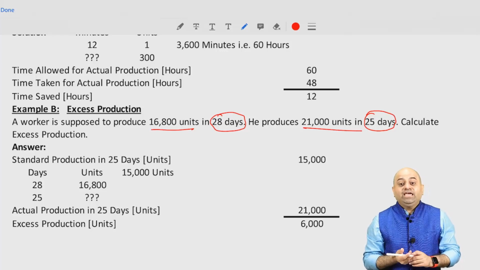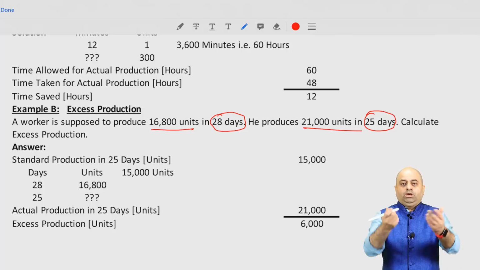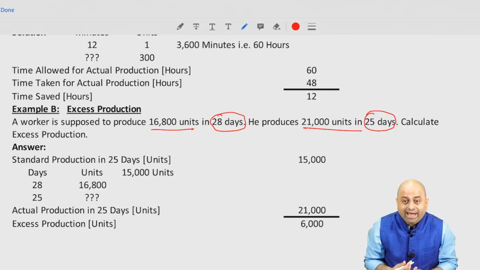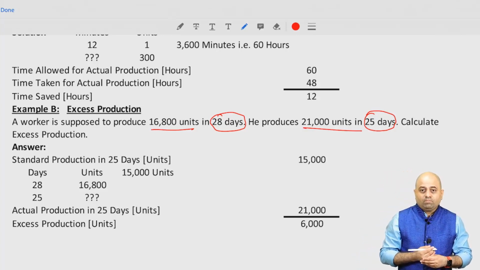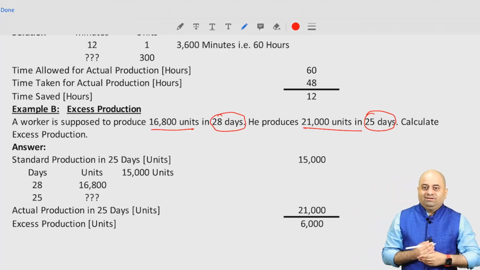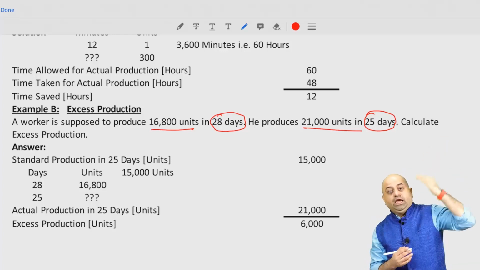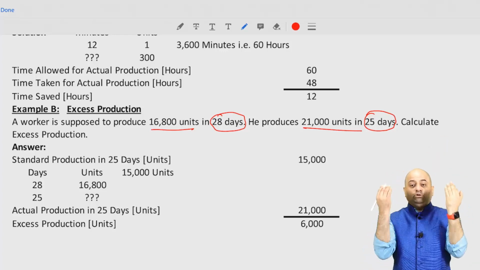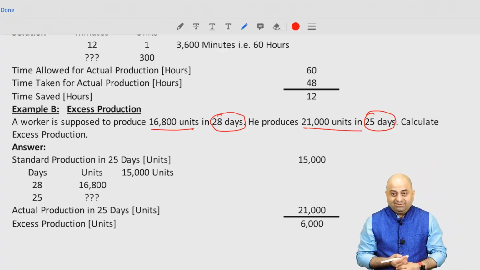So how much should he have produced in 25 days? We do a cross multiplication. We come to know that he should have produced 15,000 units. And he does produce 21,000 units. He was supposed to produce 15,000, he produced 21,000, he produced 6,000 extra. And that, my dear friends, is the excess production.